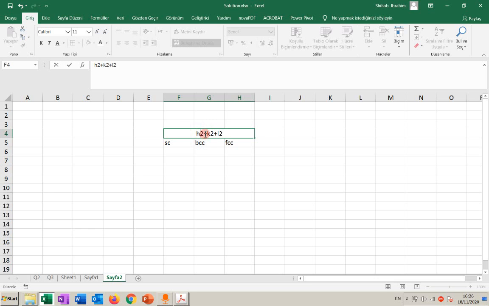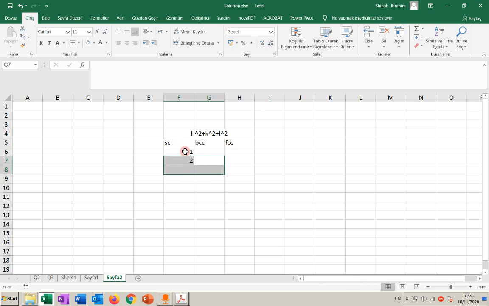Let's do this manner. We know that for simple cubic this is going to be 1, 2, 3, 4, 5, 6, 8, and so on, except 7. We don't have 7 inside here, so it goes in this manner, but 7 is not included. For BCC, we said it goes 2, 4, 6, 8, and so on.